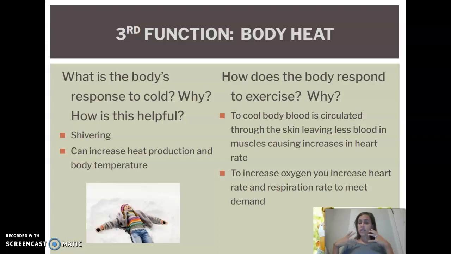The blotchiness that you're seeing is more blood flow coming towards the skin's surface so that hopefully the cooling of the skin by way of sweating can help to cool down our blood as well. That's just something interesting. But it is important to know that the muscular system does play a role in maintaining body temperature, heating and helping to cool.